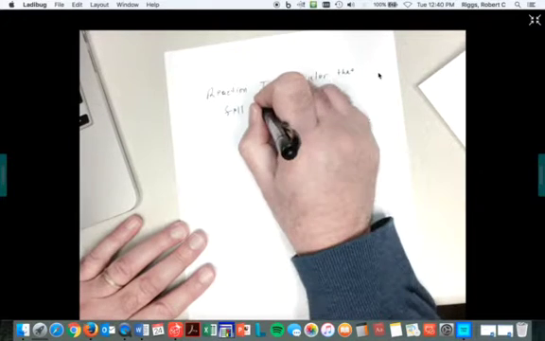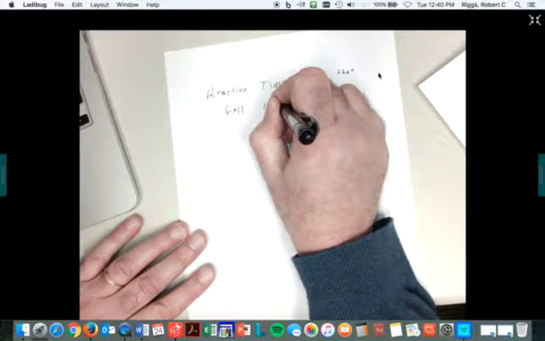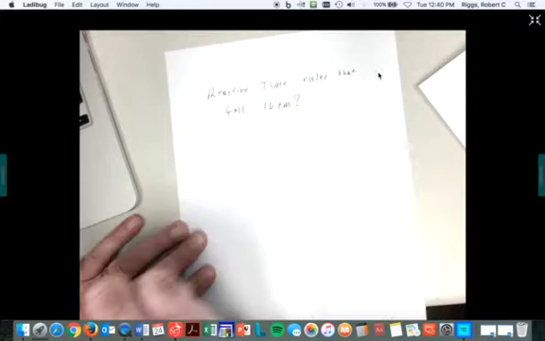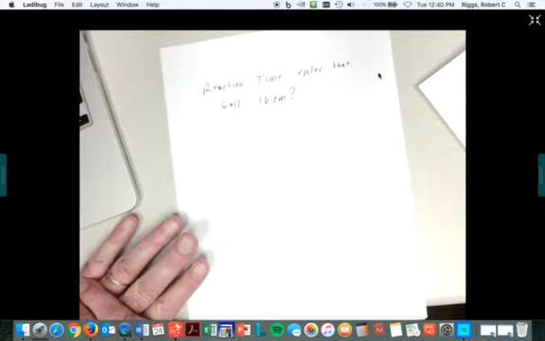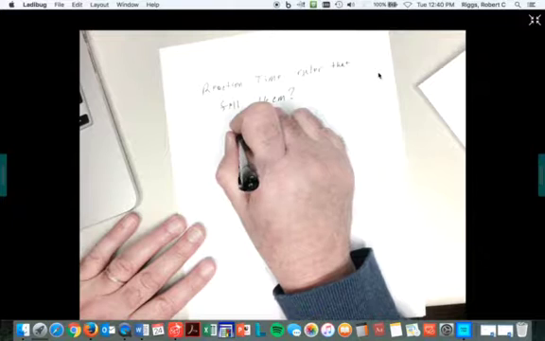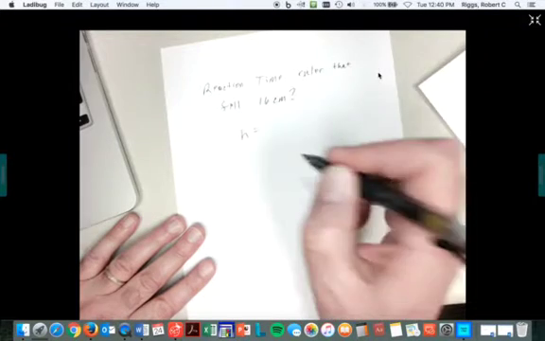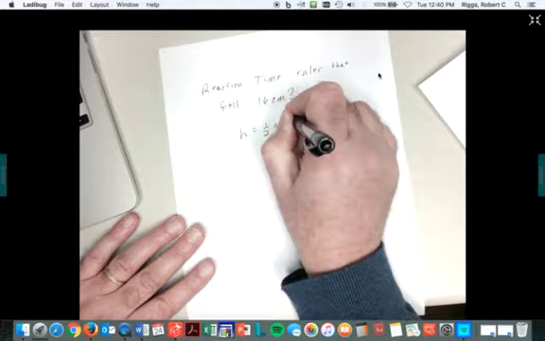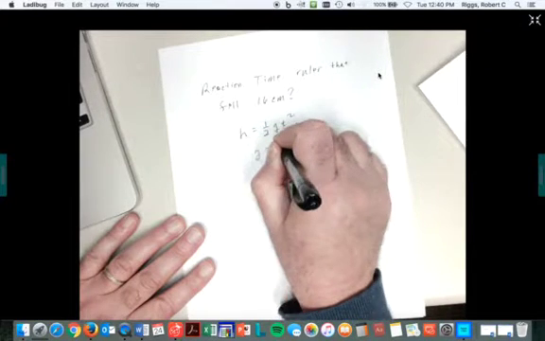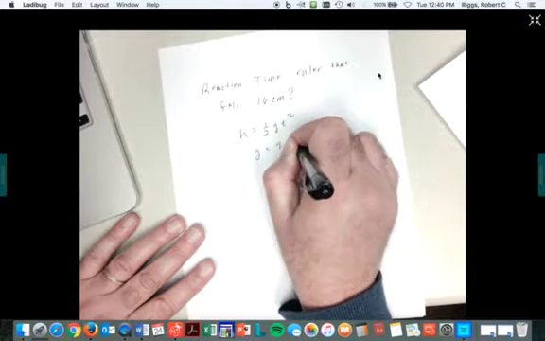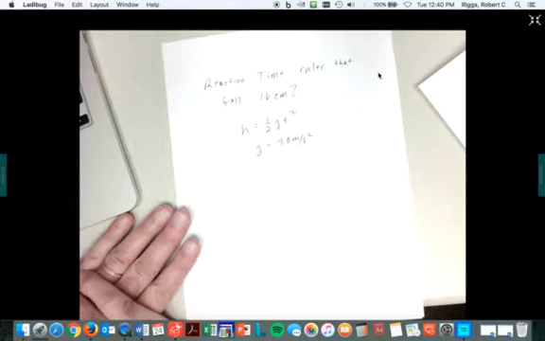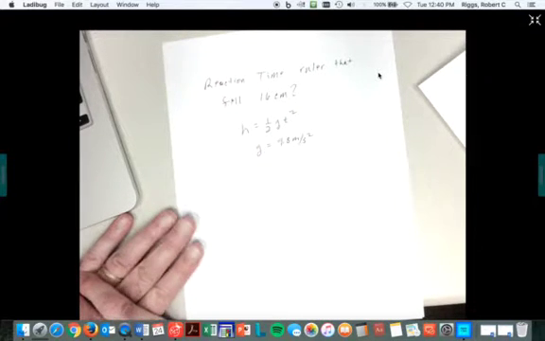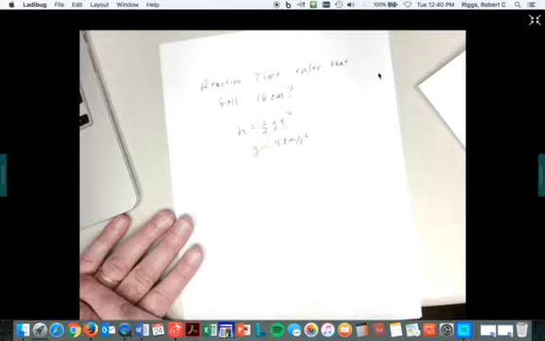Let's say 16 centimeters. Well, remember what we said. We said that the height that something fell, or y, was equal to 1/2 g t squared, where g we'll use as 9.8 meters per second squared. That's the acceleration due to gravity. And we're trying to solve for t.